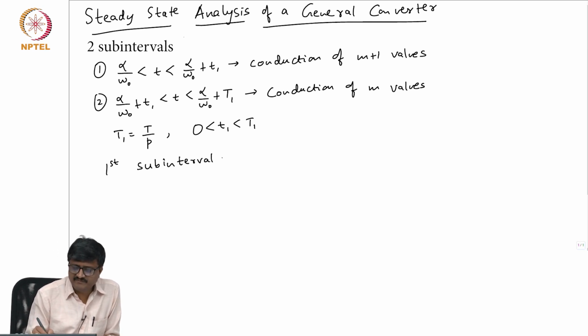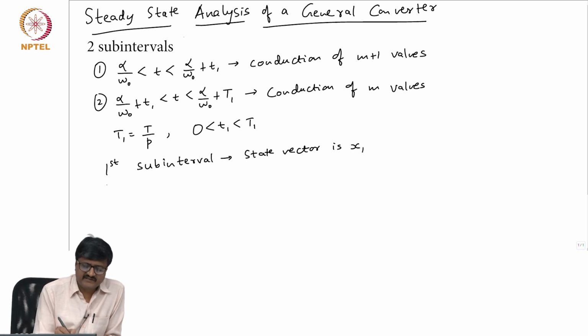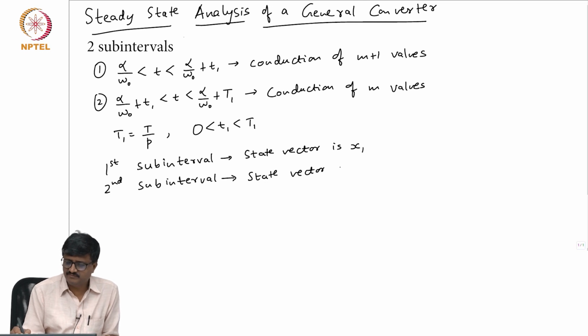So in the first subinterval, the state vector is say denoted by x1, and in the second subinterval, state vector is x2.